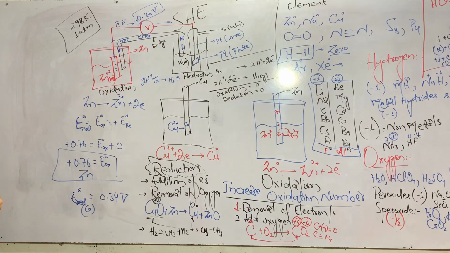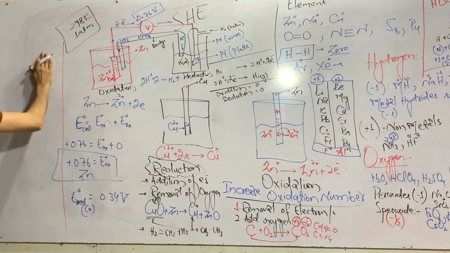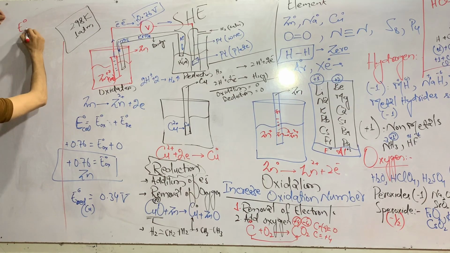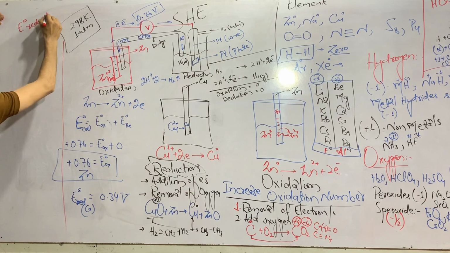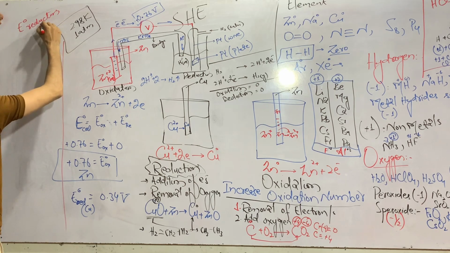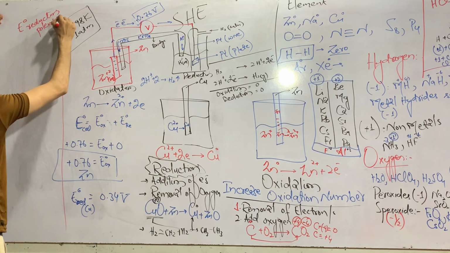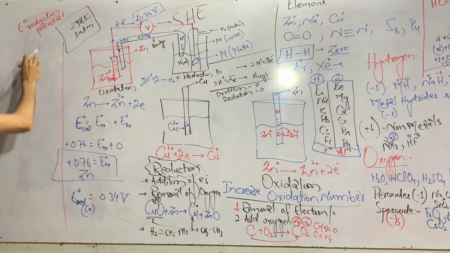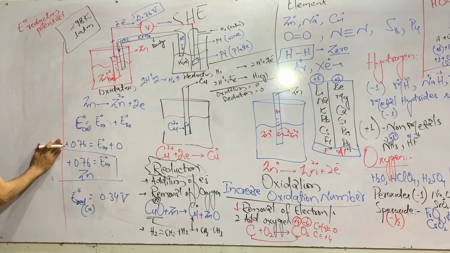And then, by doing this for all the elements, I came up with a chart where I plot the standard reduction potential for all the elements of the periodic table, and I graphed them with increase in number.